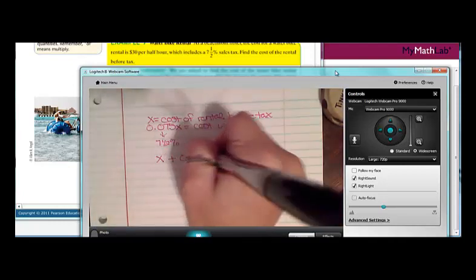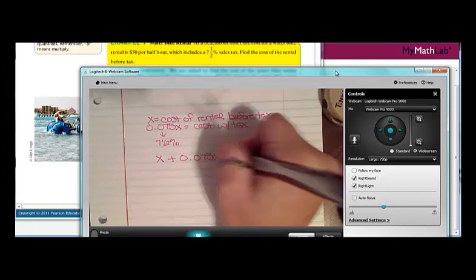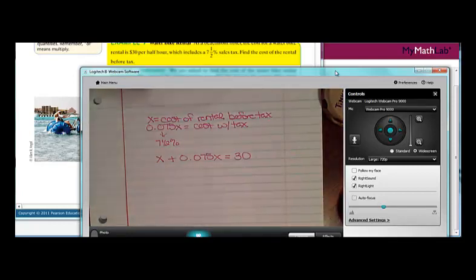This one's a confusing problem for a lot of people because it looks like we're adding the cost of the rental before tax twice, but we're not. The thing you have to think about is when you go to the grocery store and you have your receipt, you have your subtotal, and then you take taxes times however much your subtotal is and add that on to get your total cost. So this is our subtotal, and then this is just how much in taxes we're paying, and then that's the $30 per half hour.